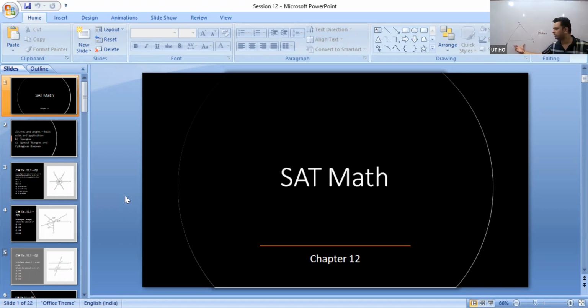If I take the midpoint of this line BC, let's say the point is D, and join it with the opposite vertex, which is A, then AD is called the median of the triangle. Clear? Similarly, if I take the midpoint of AB and join with C, this is also a median. Similarly, from B also you can draw a median.